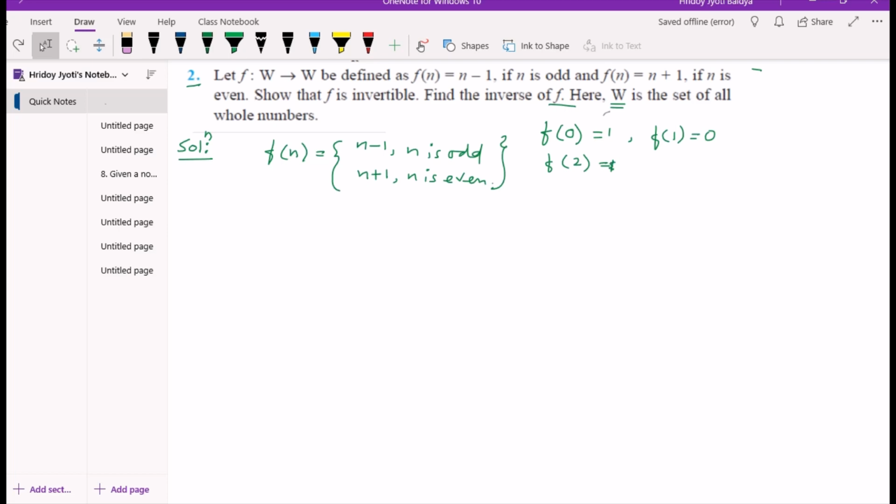And f(3) goes for the first definition and gives 2.